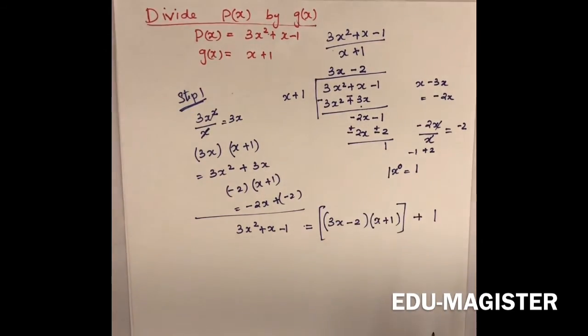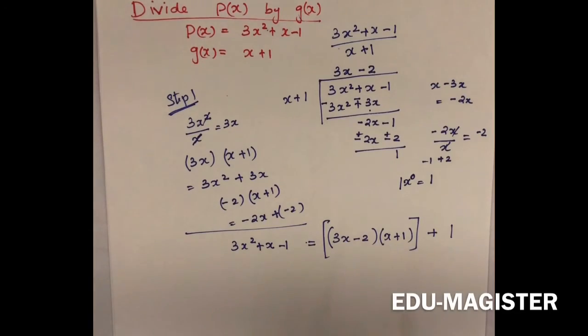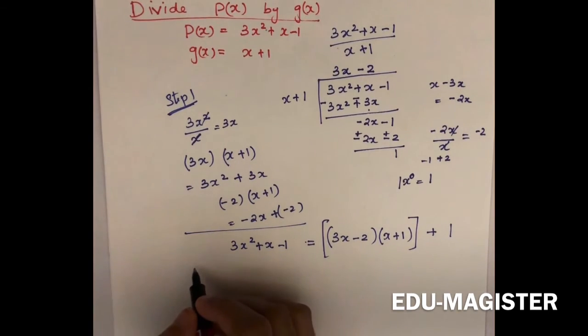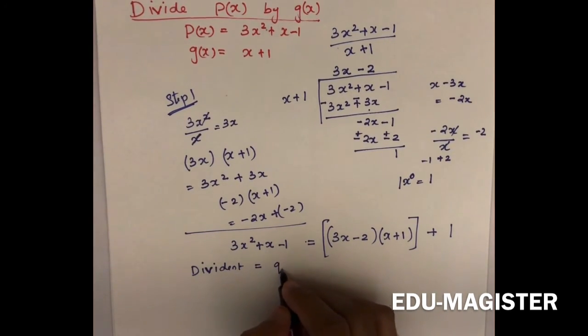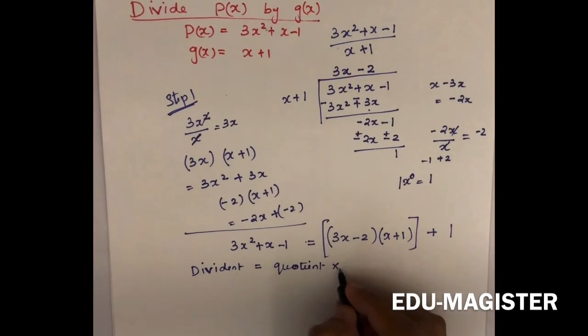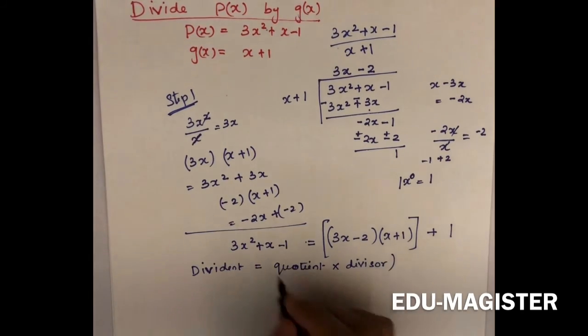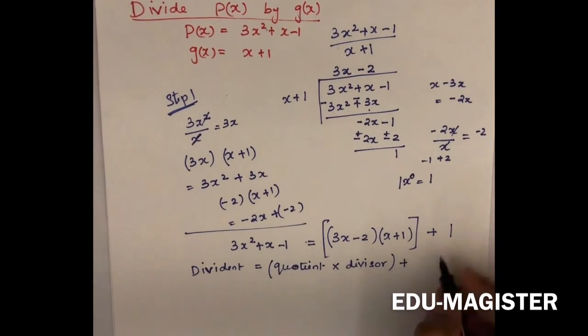This is my remainder. So basically the dividend is equal to quotient into divisor plus remainder.